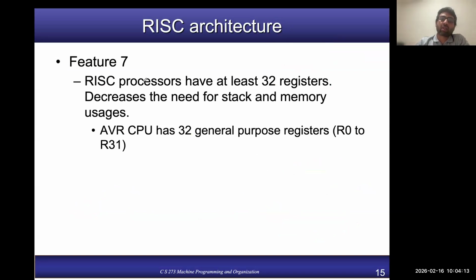RISC processors have at least 32 registers, right? So basically what we are saying here is that CISC processors have a relatively smaller number of general purpose registers as compared to RISC processors. For example, ATmega328P is an example of a RISC architecture and it has 32 general purpose registers. The more general purpose registers available, the more data you can hold in registers, which means holding more data closer to the processor or CPU, right?